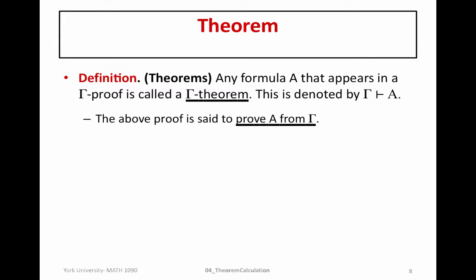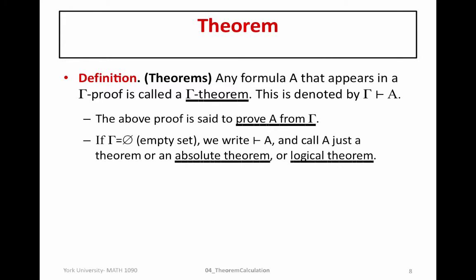So when you are asked to show gamma proves A, you're asked to write a theorem calculation or a proof of A, and such a proof or formula calculation is said to prove A from gamma, where we call gamma the assumptions for this theorem.